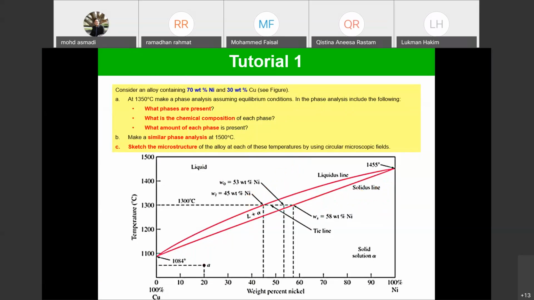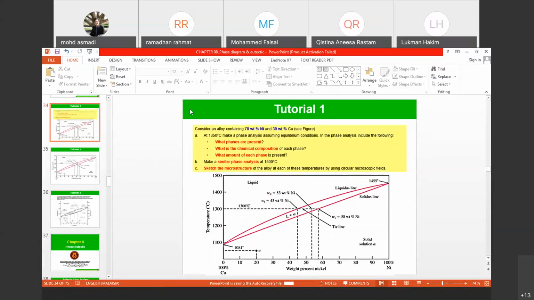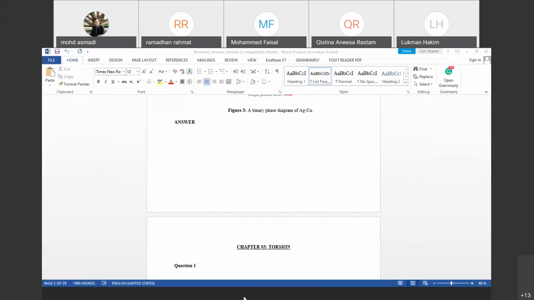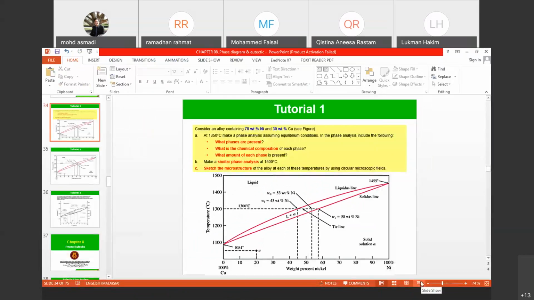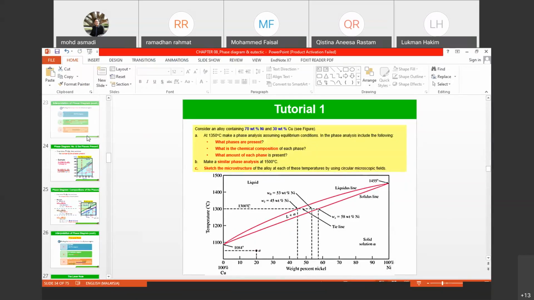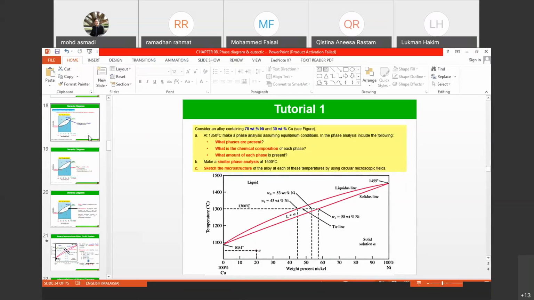Anyone done? Already post in the panel so that we can see maybe one or two. I just want to see whether you understand or not about this one. Actually, I think it's quite easy. It's a straightforward topic and also some questions.